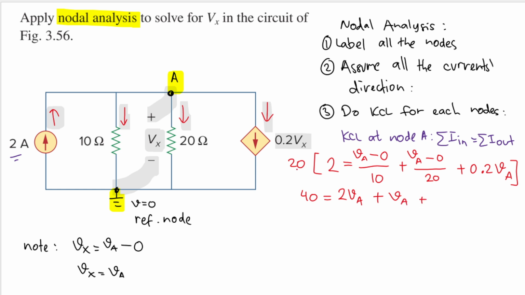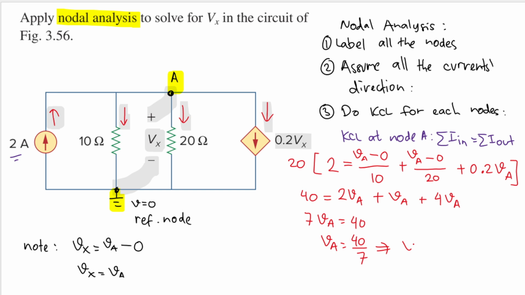And then we will have 20 multiplied by 0.2. That will be 4, right? We will have 4 VA. Good. And now we will have 7 VA is equal to 40. Now we will have VA is equal to 40 divided by 7.